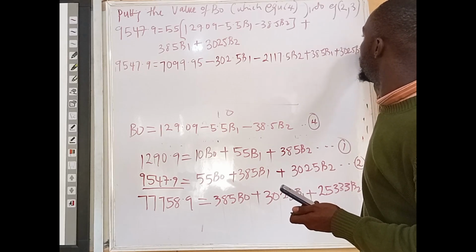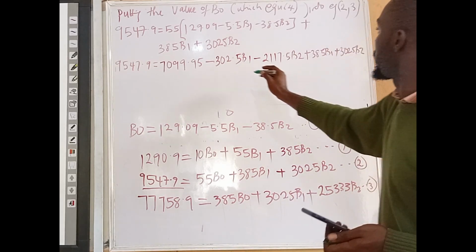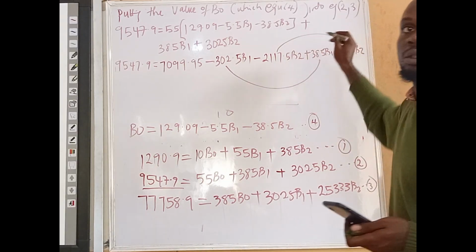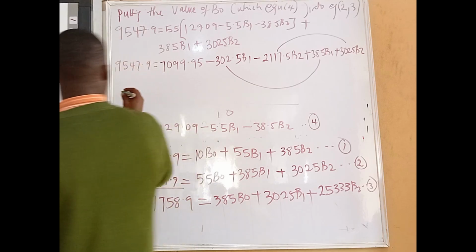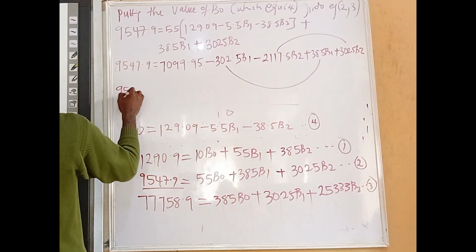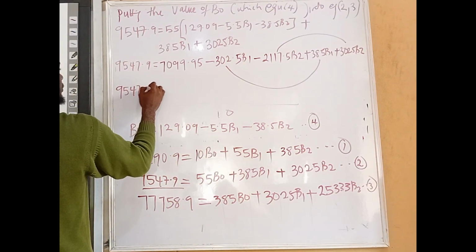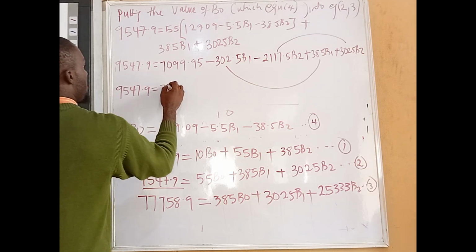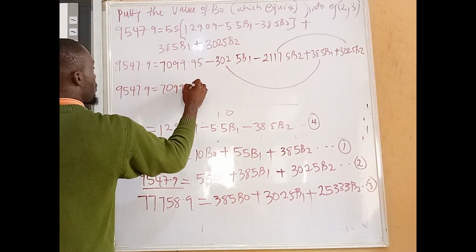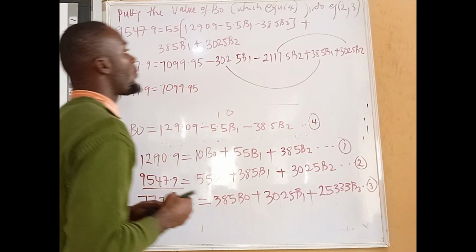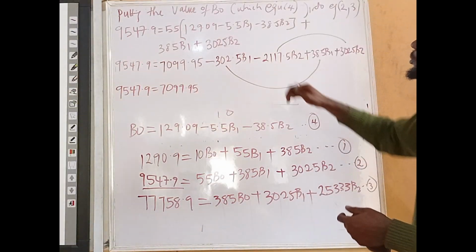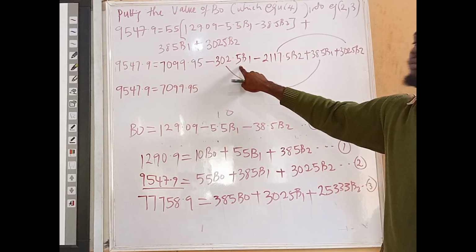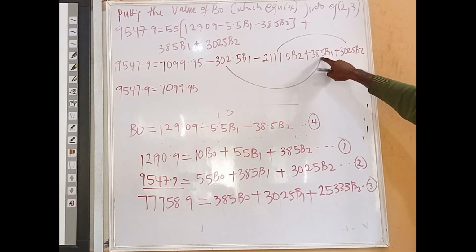3025 B2. Now collect like terms. This and this and this. So we now do minus 302.5 plus 385.